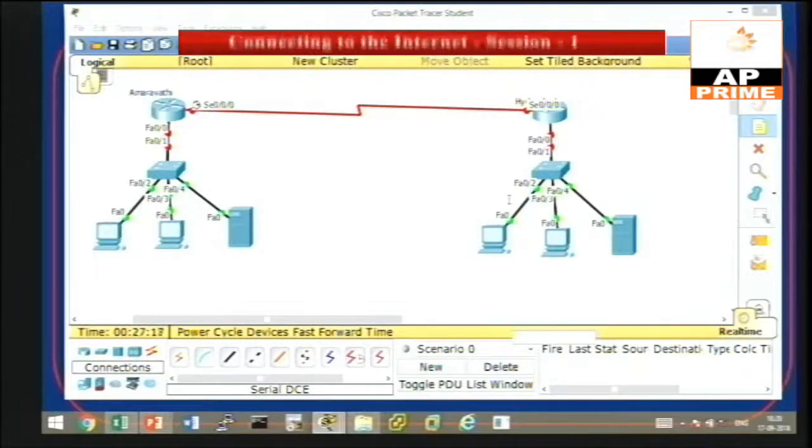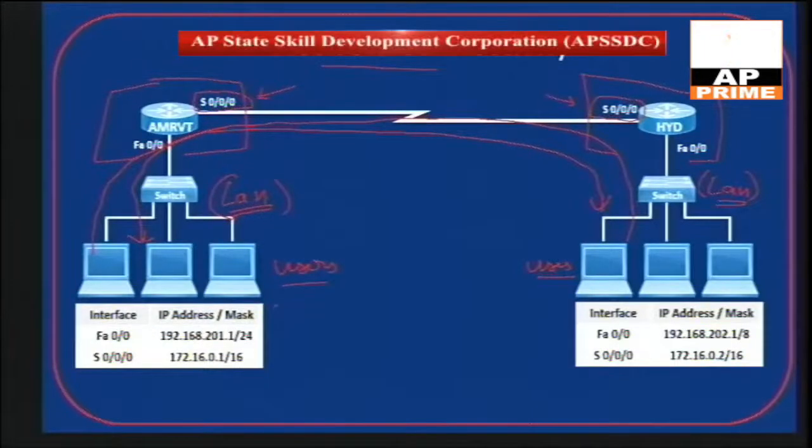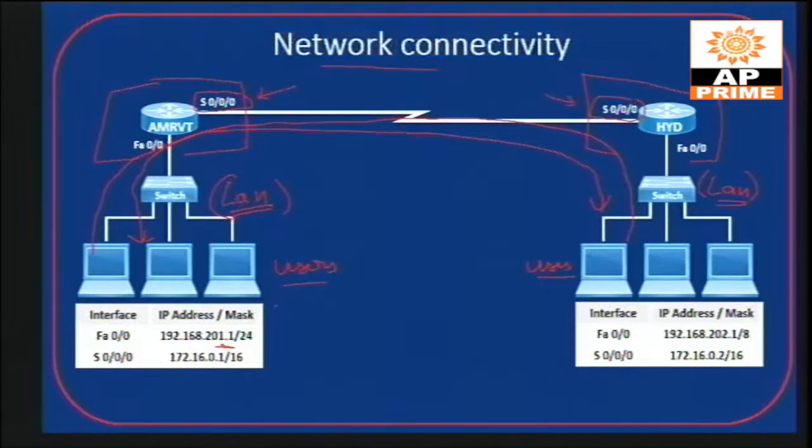Let's use our reference diagram here, and in this diagram you can see the IP addresses mentioned here belong to the router. This IP belongs to the local router. So we will have to assign IP addresses to these computers as well. The IP addresses that we use in these two different networks must be different. Observe carefully.